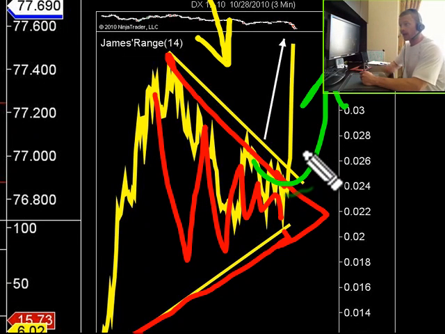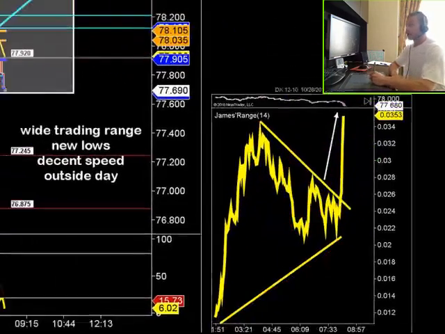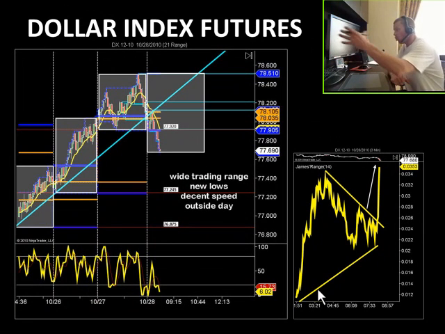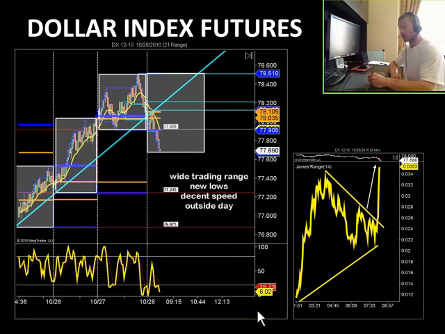On that blog, type in average true range or go to the Trade Room resources section, scroll down, and you'll see average true range as an indicator or as a video. Watch the video, read the article on average true range in the blog. But you can see average true range is rising here on the dollar. So outside day, wide trading range, decent speed, and improving, rising ATR. Guys, that all spells good things for us for the future.